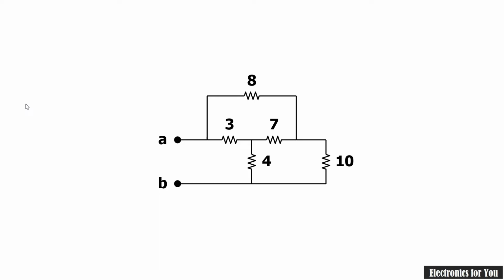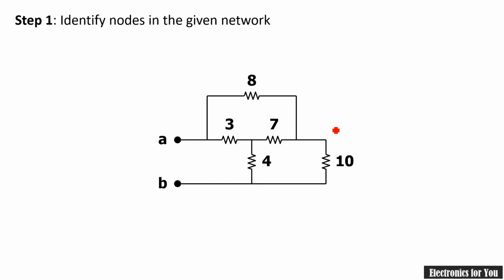Now as per our procedure, the first step is to identify the nodes, and now you can see node A and node B is already marked here. So we have to find further nodes.